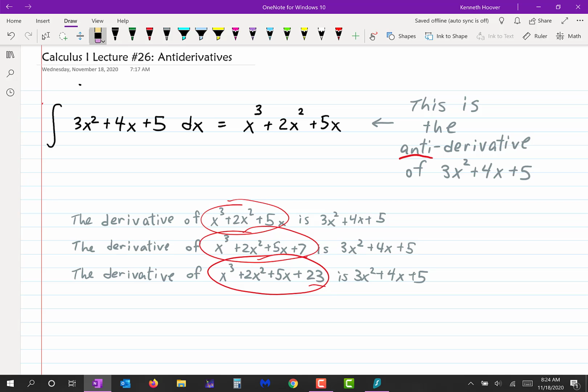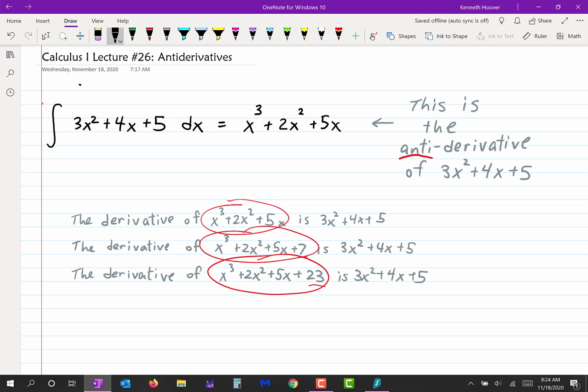So what I have here, when I have an indefinite integral, we get what we call an answer, but the reality is it's not one answer, it's actually infinitely many possible answers. And for this one, it would be x cubed plus 2x squared plus 5x plus any constant.